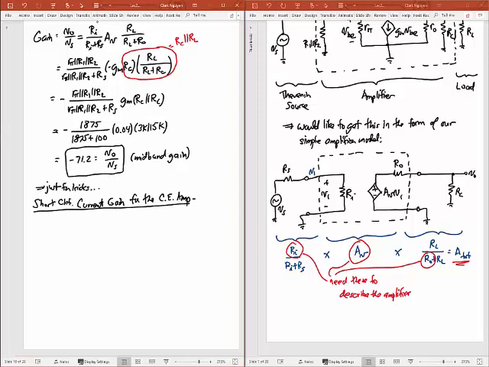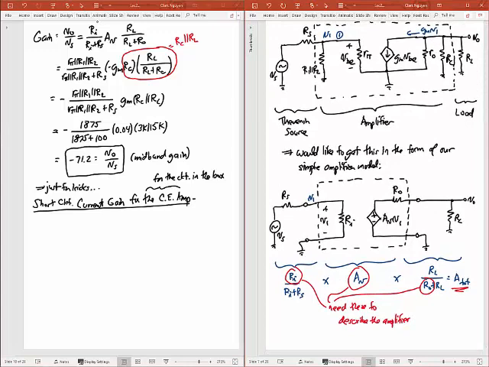And so basically for the circuit in the box, where the box is this box on the right side there. Okay, so say I wanted that short circuit current gain. So I can define that. At least one definition for that could be AIS for the current gain short circuited.